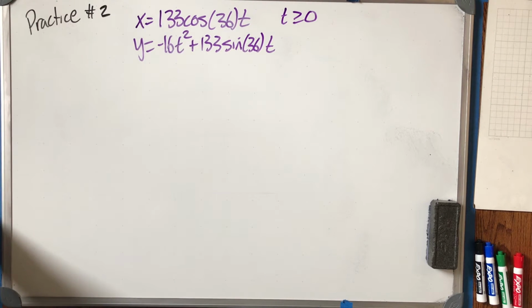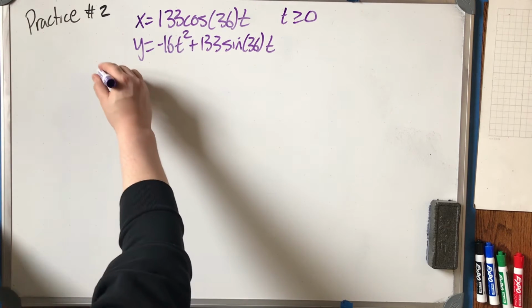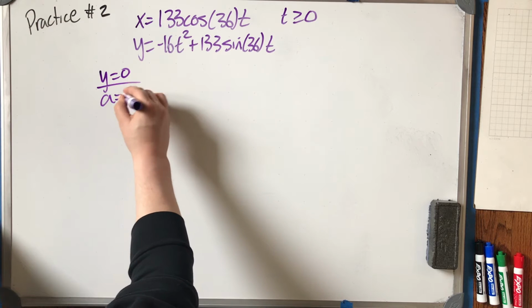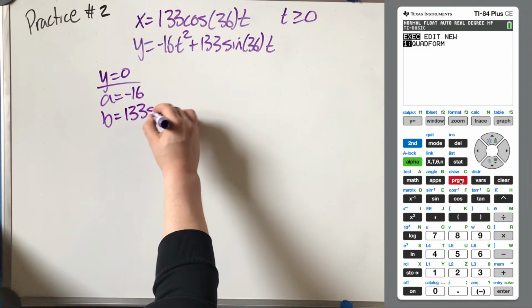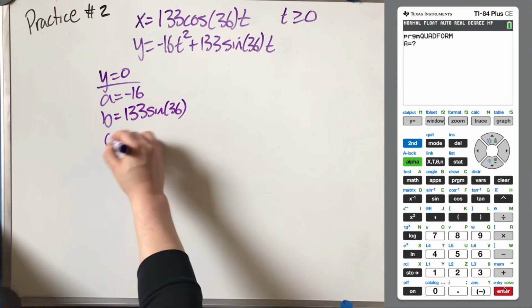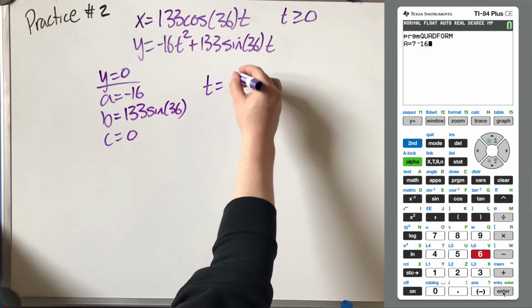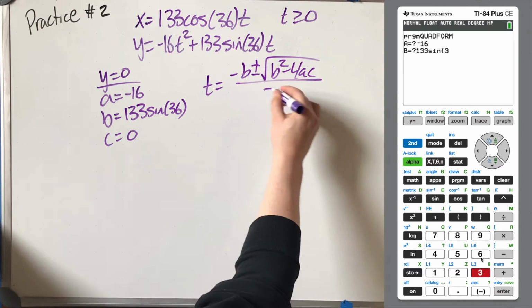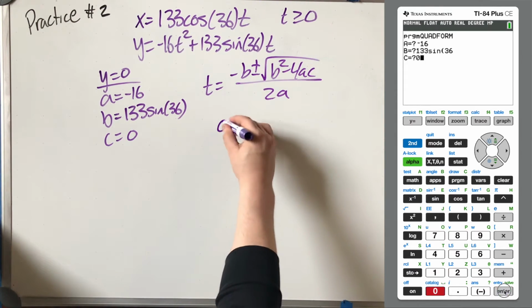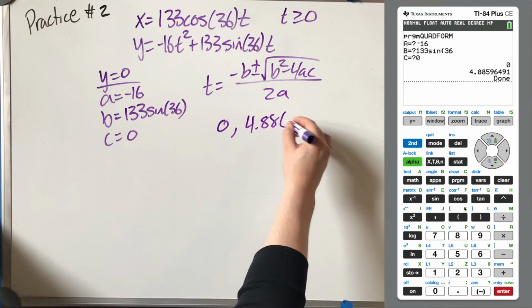So it asks when and where the ball will hit the ground. It hits the ground when y equals 0, so I'm going to use the quadratic formula. I just have to write down what a, b, and c are, and then plug it into the program in the calculator. Remember that this is the level of work that I'm looking for. And we will get 0 and 4.886.